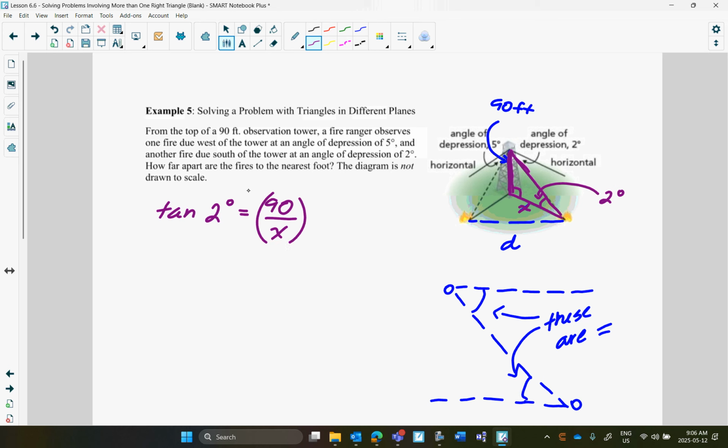Times both sides by X to get rid of the fraction. That doesn't isolate the variable yet. So I've got X times tan 2 degrees is equal to 90. To get X by itself, I divide both sides by tan 2 degrees.